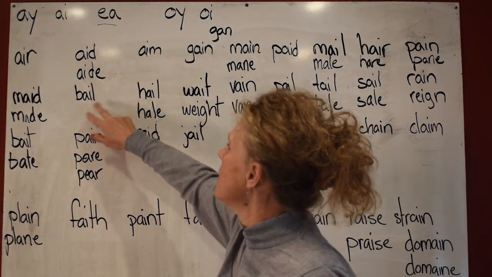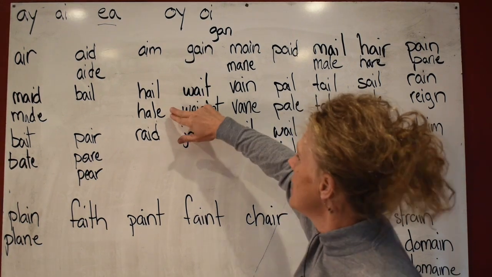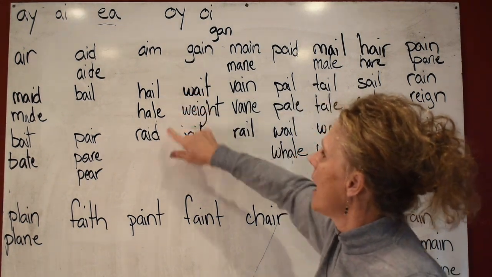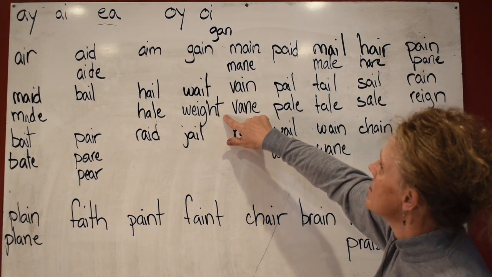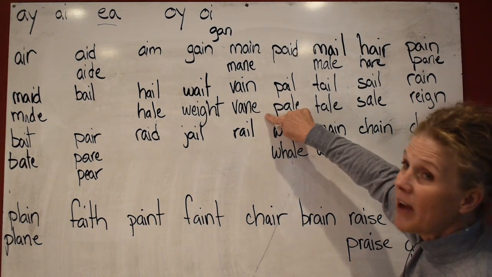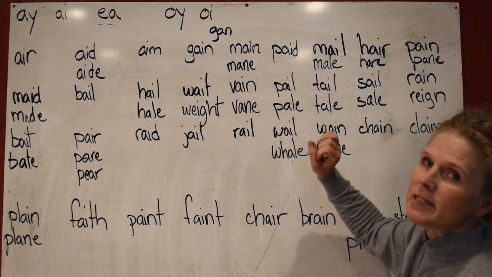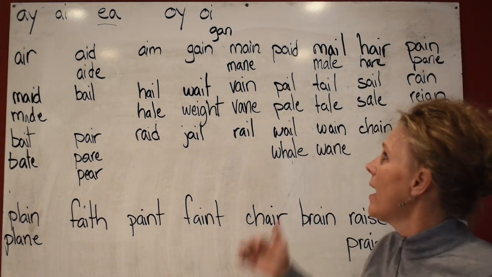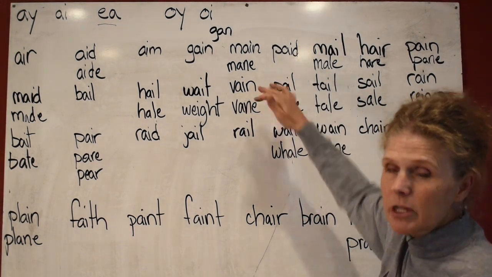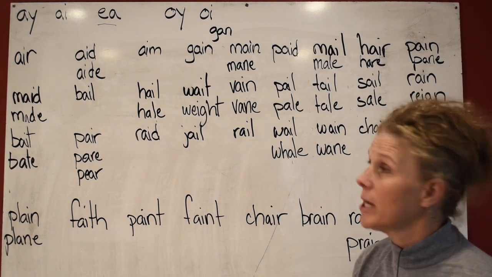Bail, bale, hail and hale. See, you're going to have that same issue. Wait and weight. Vain and vein. There's another vane, but I didn't put them all in here. I just wanted to show you that you are going to have issues with the long A sound. It's very, very tricky.